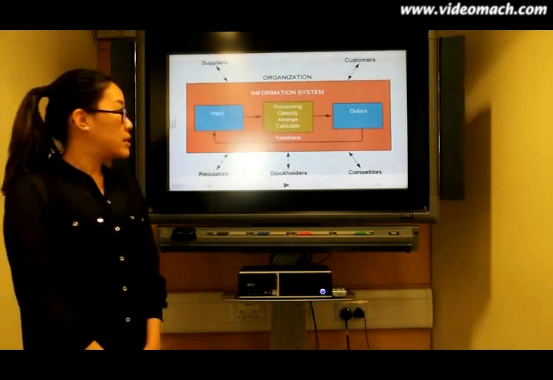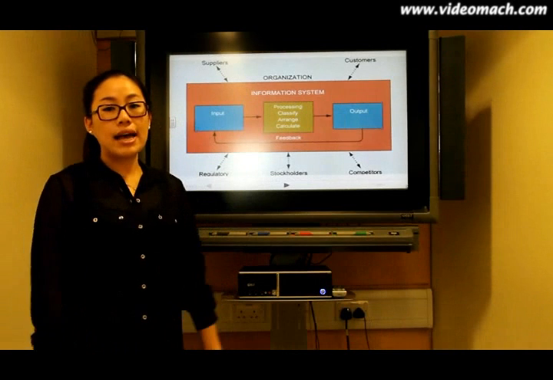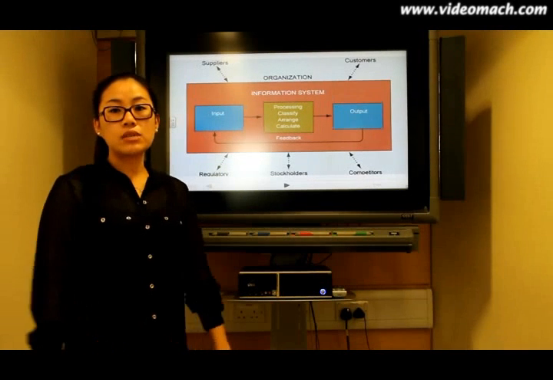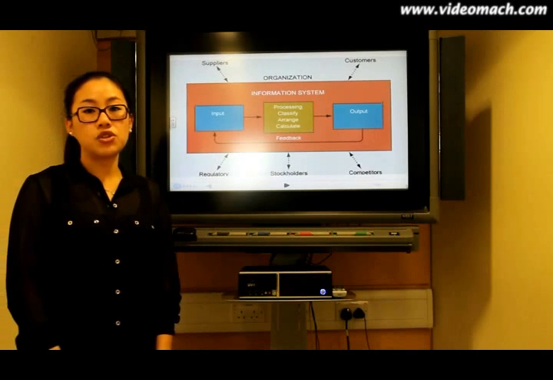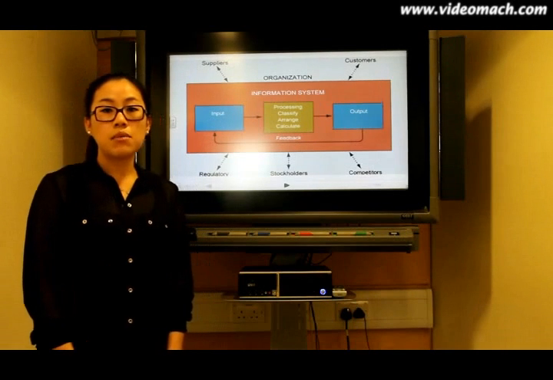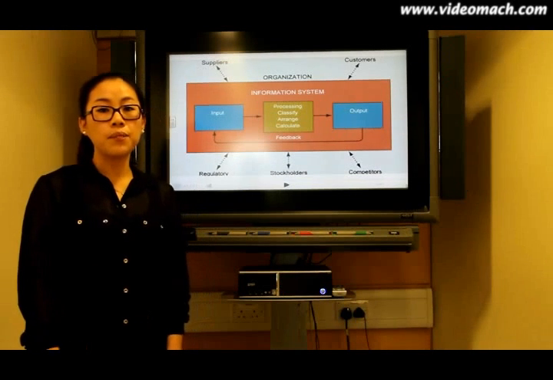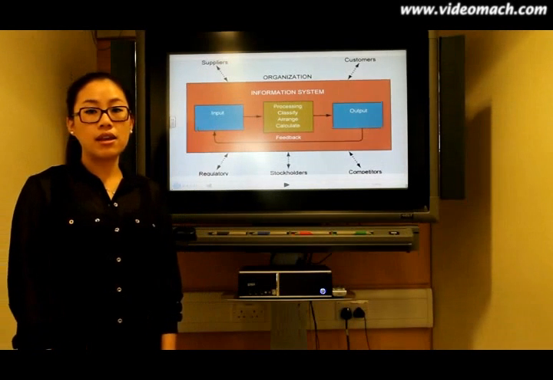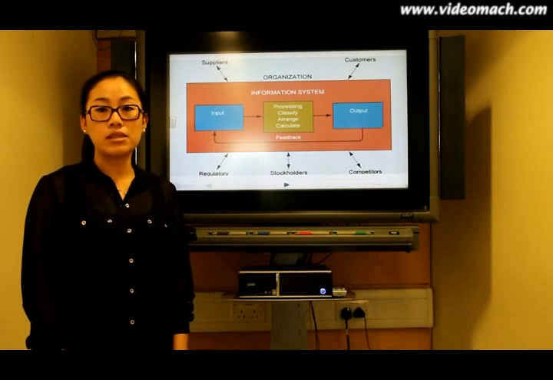Okay, let's talk about this diagram then. The first part, what is IS and IT? Today, it is widely recognized that information system knowledge is essential for managers because most organizations need information systems to serve and prosper. An information system contains information about an organization and its surrounding environment.